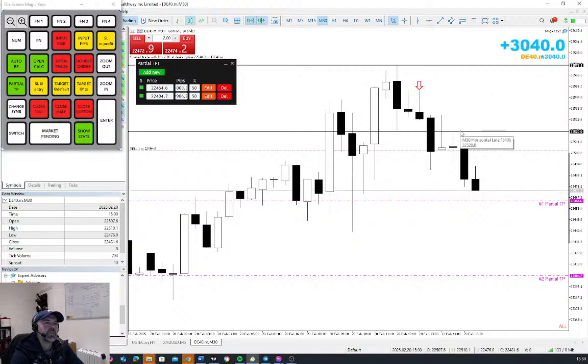So if you look here, we've got a nice big wick here. Now we've broken the low. So look, what we're going to do is bring that down. So we're locking profit in now. This candle created a top wick, then it's broken the low. So I'm just naturally locking in profit.